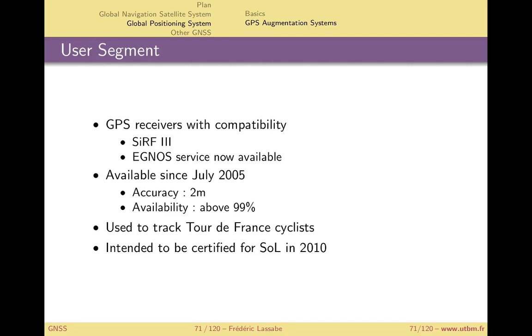It's available since July 2005 with an accuracy of 2 meters and an availability above 99%. As a demonstration, it was used to track the Tour de France cyclists in 2005, and it was intended to be certified for safety of life in 2010, and I think it's been done since then.